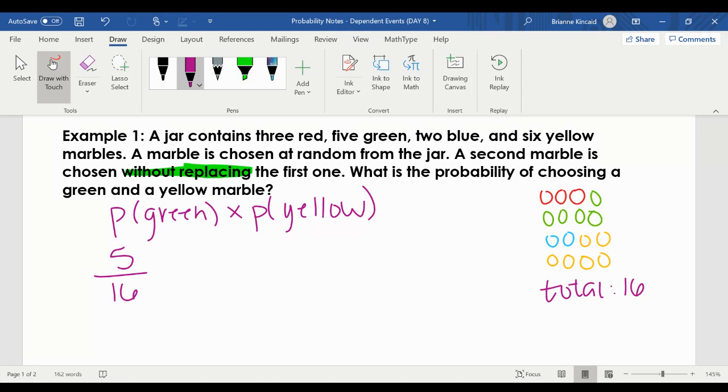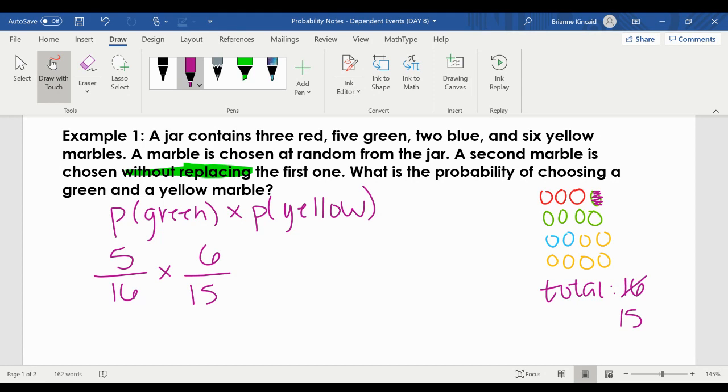We're going to assume that it happens, that I reach into the bag and pick out one green marble, which means in my sample space I'm going to get rid of one of the green marbles because I've chosen that and I've kept it outside of the bag. Well, now that means my total changes from 16 to 15. So my denominator is going to decrease by 1. Of those 15 marbles, how many are yellow? 6 of them.